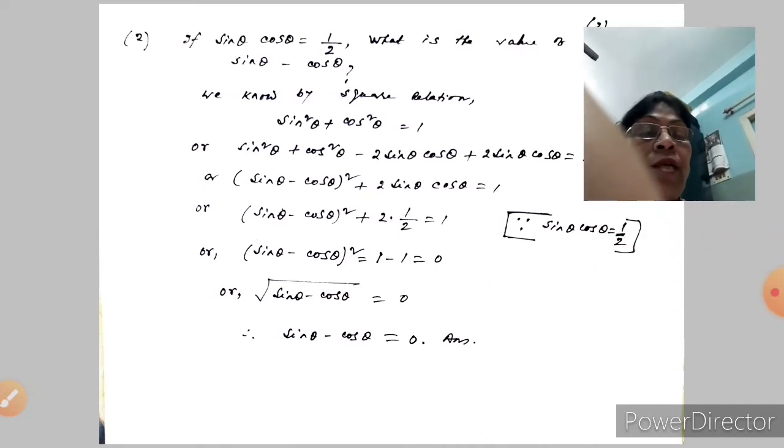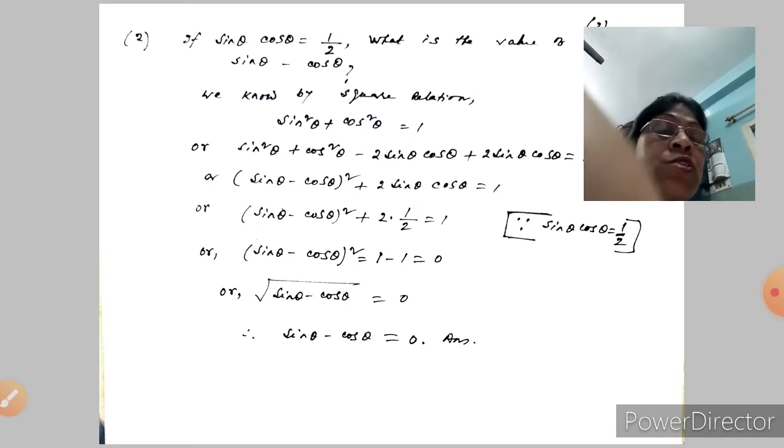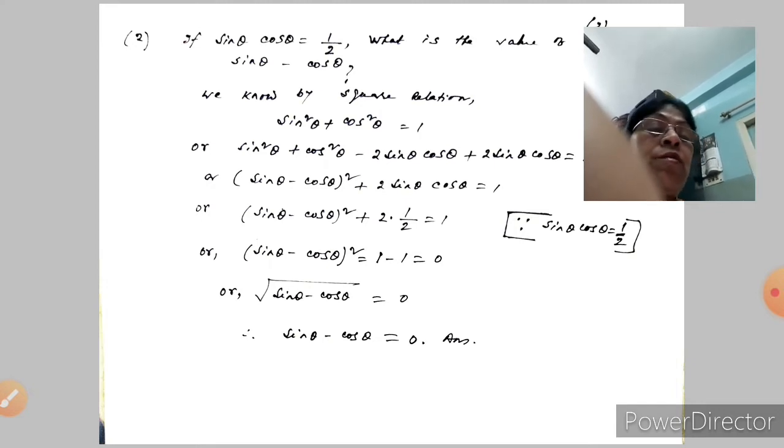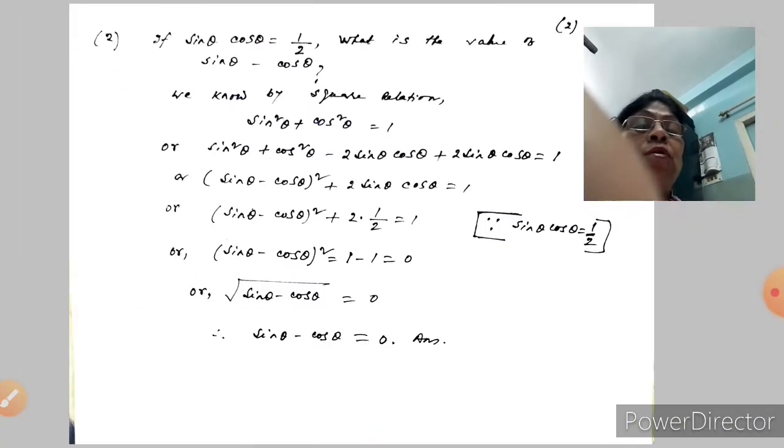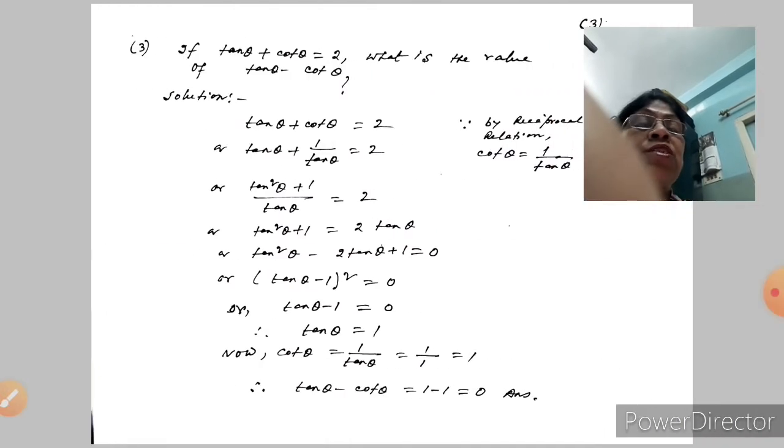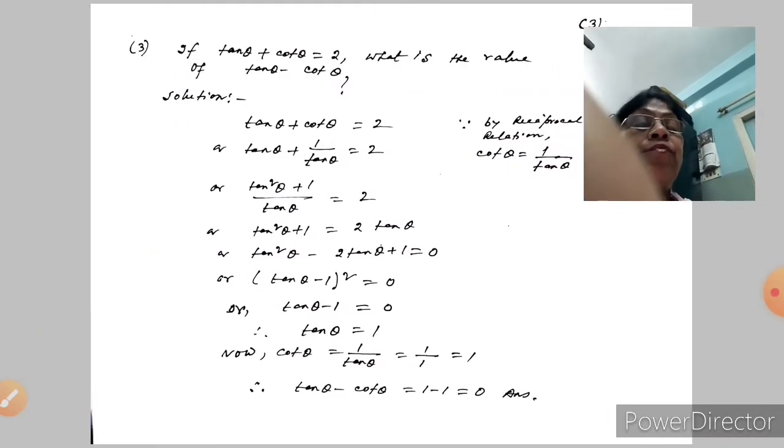So, (sin theta minus cos theta) square is equal to 1 minus 1, which is 0. So, root over (sin theta minus cos theta) square is equal to root over 0. Therefore, sin theta minus cos theta is equal to 0. This is the answer.